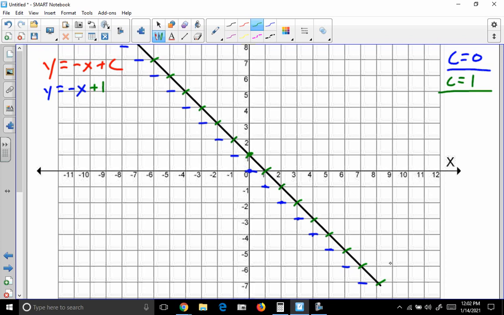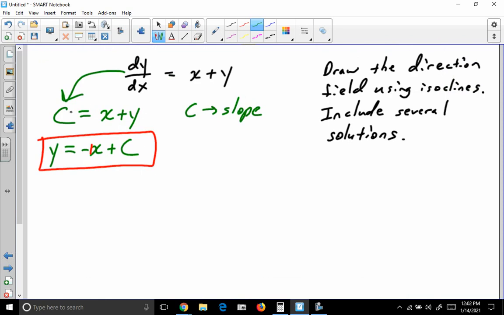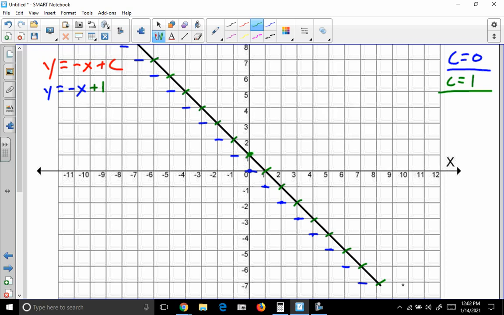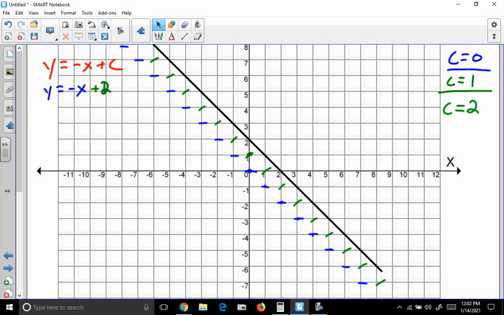Now, sometimes our isoclines are not lines. Sometimes our isoclines are different shapes. But what makes it iso is that everywhere on there, something is the same, and what's the same is that C, the slope, is the same everywhere on that line. So on that line, the slope is -1. If we change C to, let's do C equals 2, if we put a 2 in for C, then our isocline would be here.